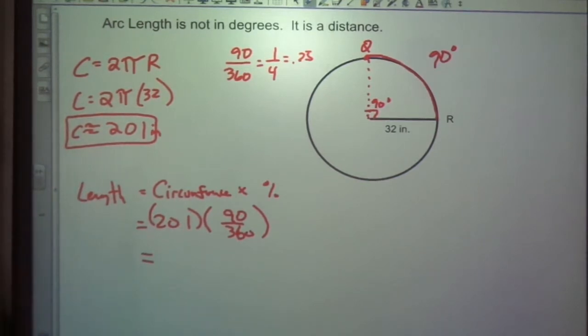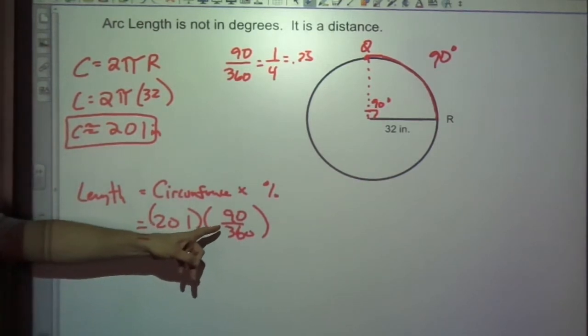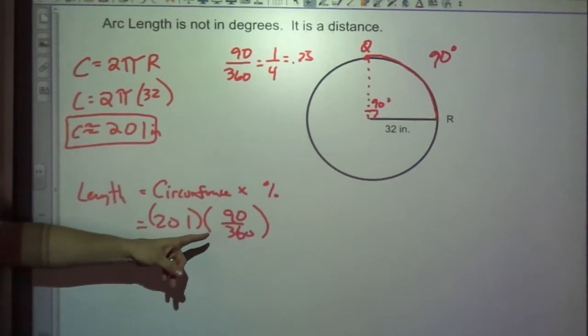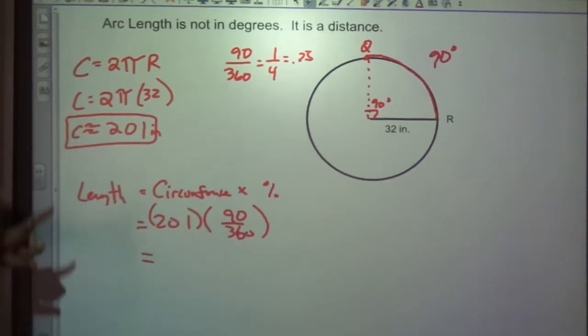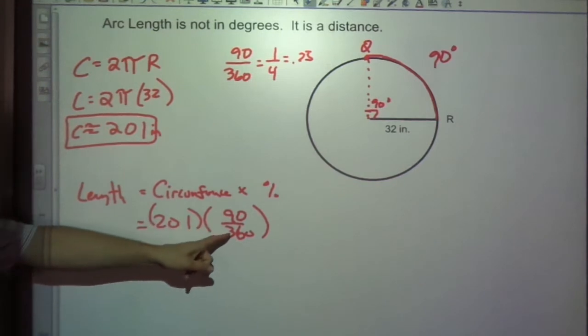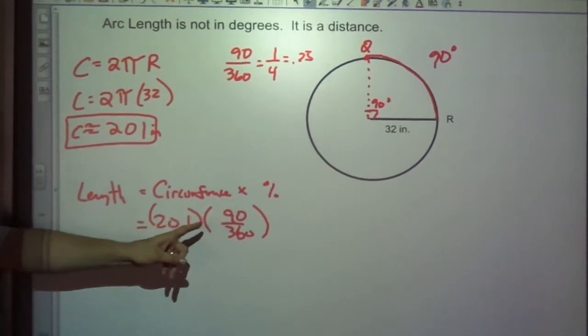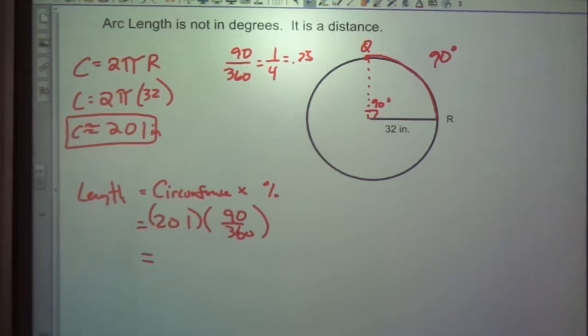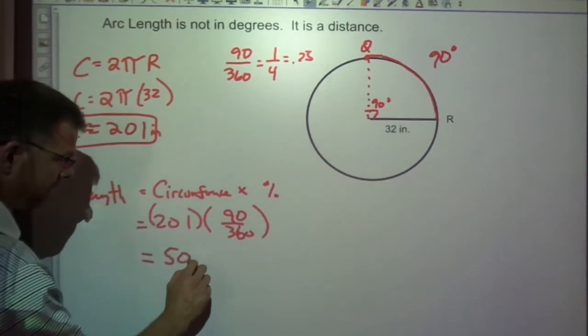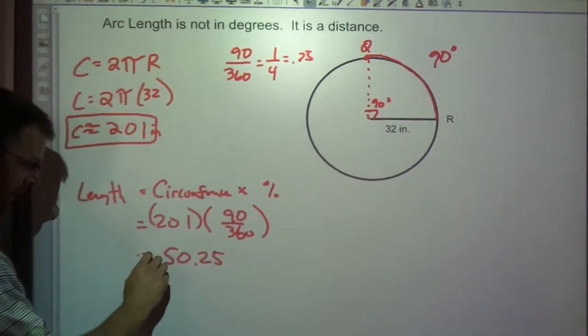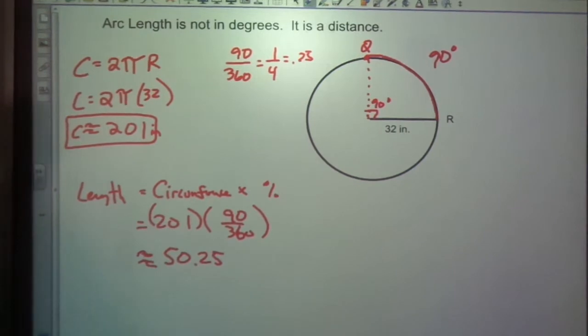If you take 201 times 0.25 on the calculator, that would give me the part of the circumference that's this part. What do we get? 50.25. And I should probably make them squiggles because it's not exact. And that is inches.